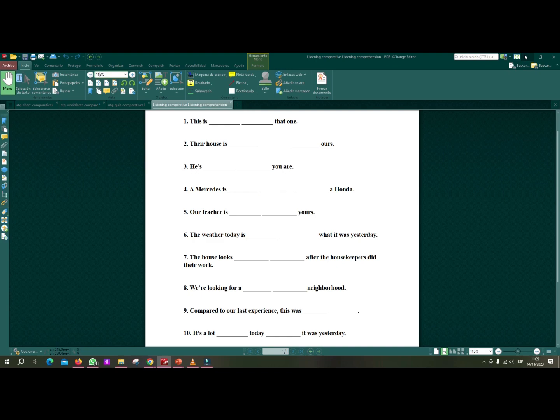The weather today is colder than what it was yesterday. 7. The house looks much cleaner after the housekeepers did their work. 8. We're looking for a more convenient neighborhood. 9. Compared to our last experience, this was much better. 10. It's a lot windier today than it was yesterday.